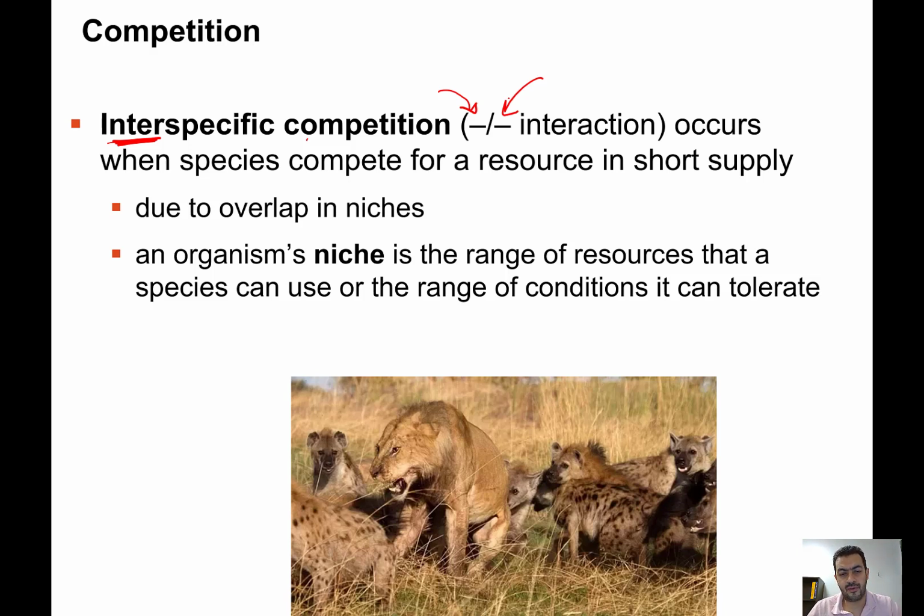And to define the niche, we will say that it is the range of resources that can be used by a species, or it is the range of conditions that this species will tolerate.